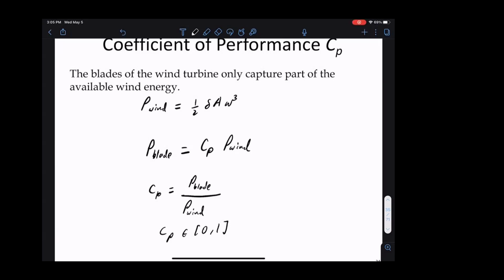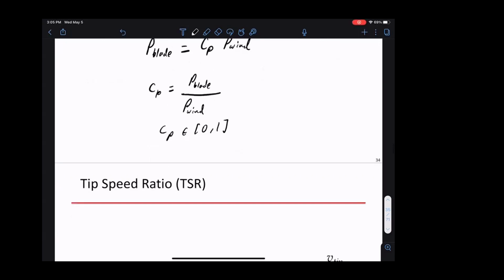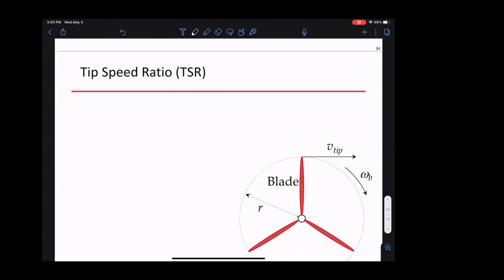We want to relate CP to something we can control on the wind turbine. And a good number to look at turns out to be something called the tip speed ratio.